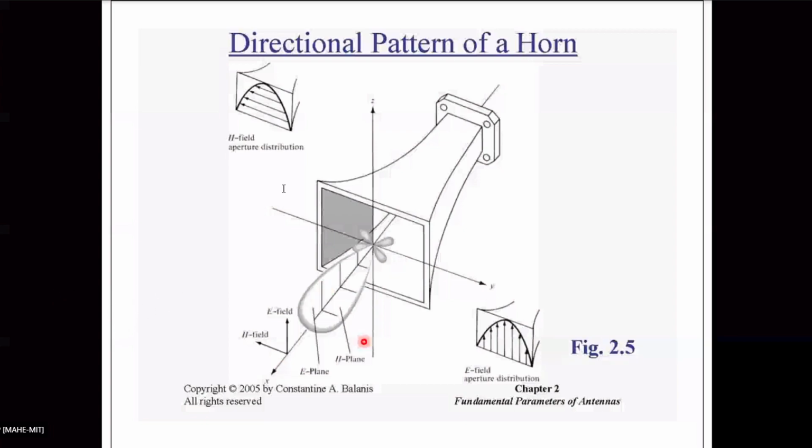And what is the H plane? The plane containing the magnetic field, horizontal, and the direction of maximum radiation.